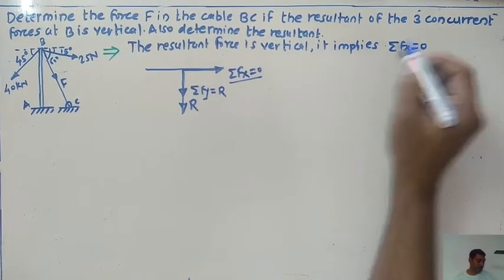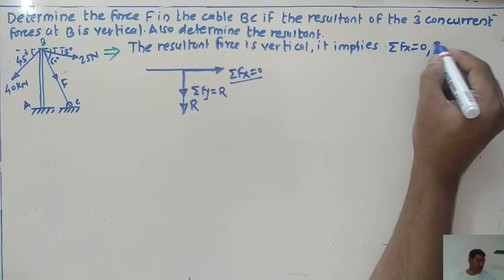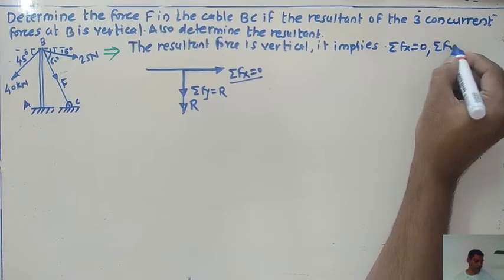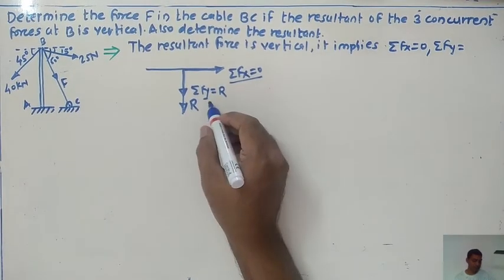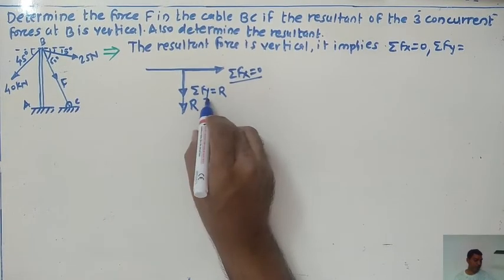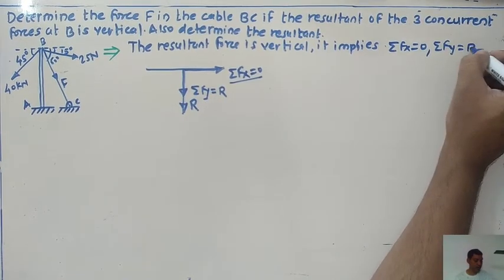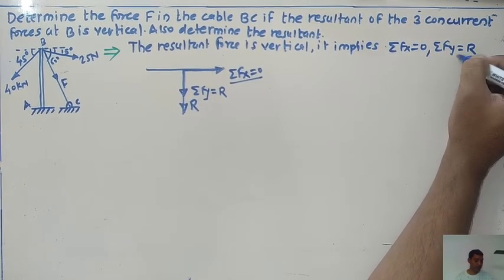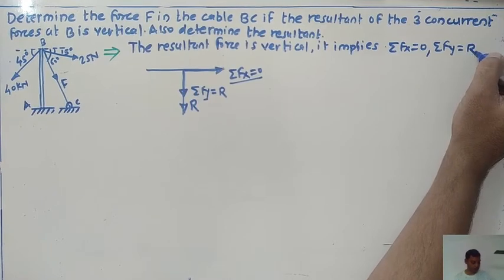It implies that the summation of Fx must be equal to 0, and the summation of Fy must equal R. So our target is to get the value of R.